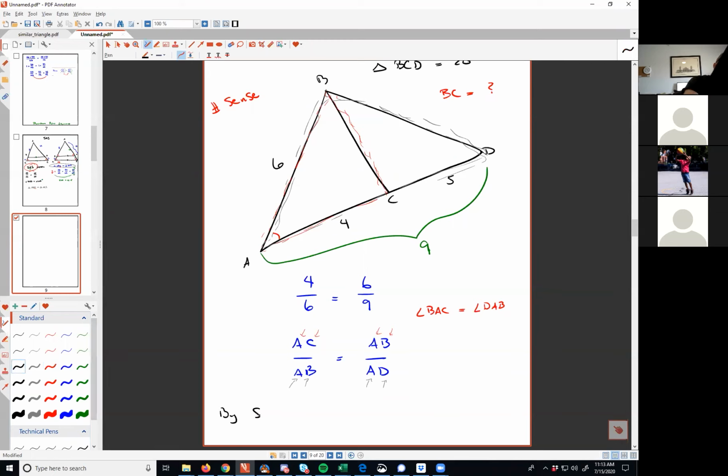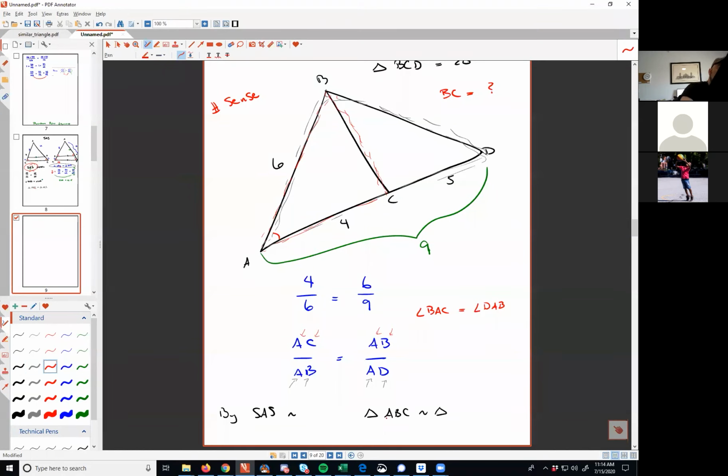By SAS similarity, we have triangle ABC is similar to triangle. Somebody give me the right order of vertices. Is it ACB? ABD. It's not ABD.